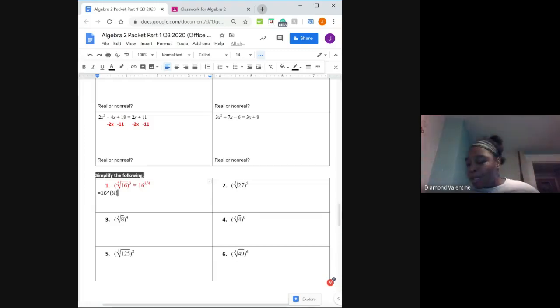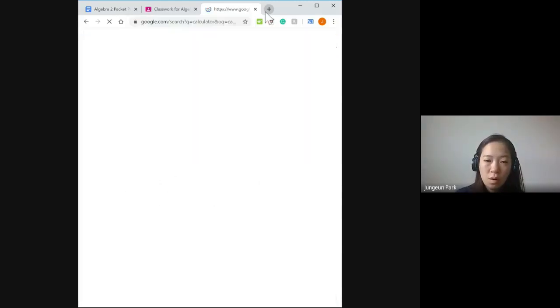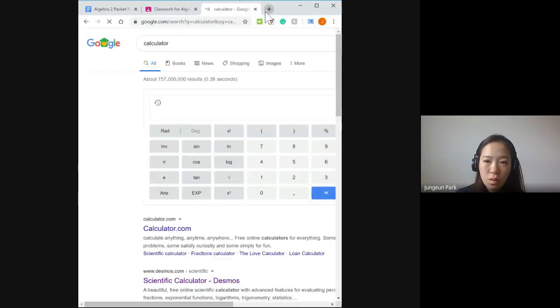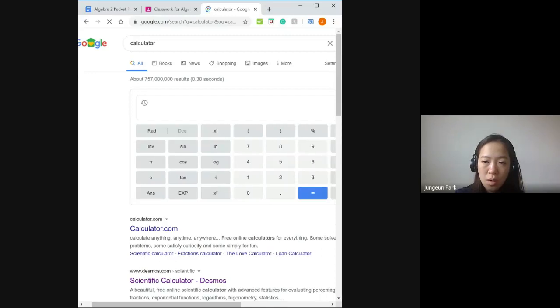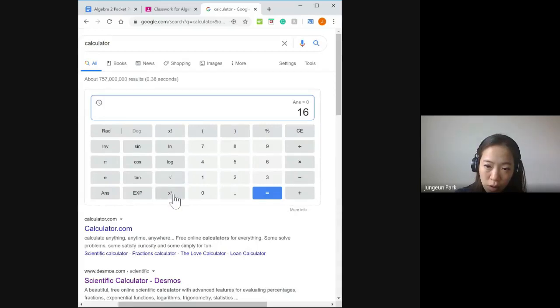I don't know. Let me show you. I Google calculator and I put 16 to the power, and the button is right here, to the power and then 3 divided by.